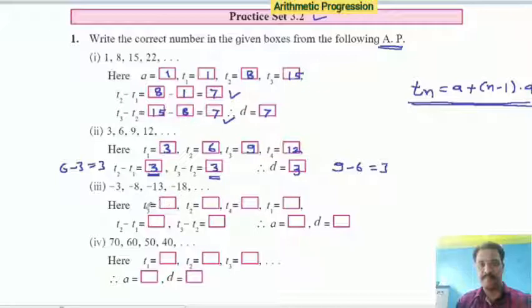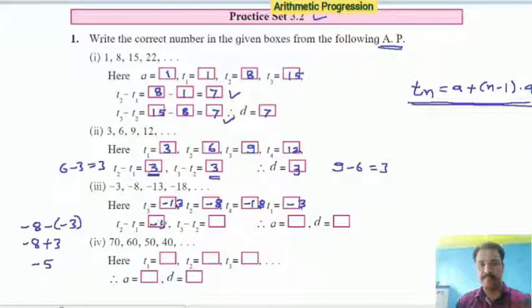Now look here. Not always T1 only first. Here T3 is given, which is minus 13, T2 is minus 8, T4 is minus 18, and T1 is minus 3. Now T2 minus T1 is minus 8 minus (minus 3). Very carefully we have to look here. Minus 8 plus 3, here it is minus 5.